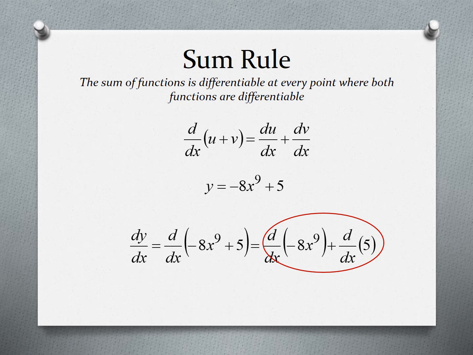The negative 8x to the ninth gets differentiated, and the 5 gets differentiated. We dealt with those in the previous slide, so we know that negative 8x to the ninth becomes negative 72x to the eighth, and we know that the 5 goes to 0. So we can easily identify the slope of the tangent line, which is y prime is equal to negative 72x to the eighth.